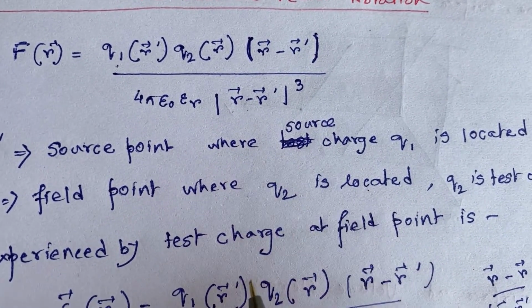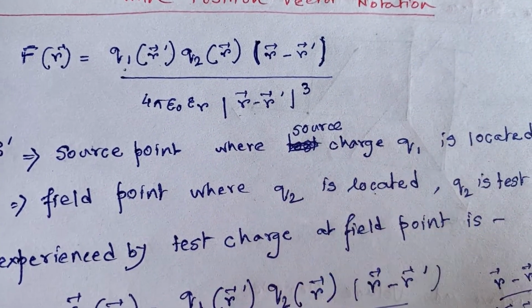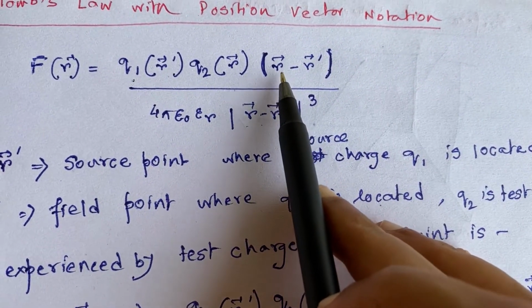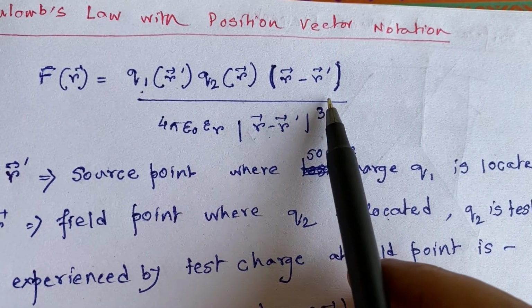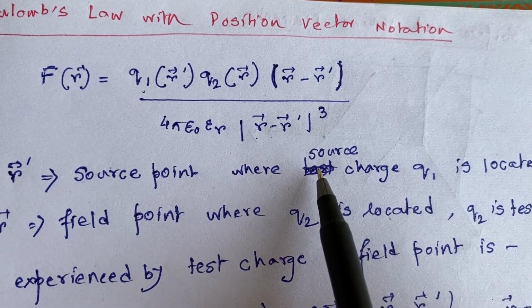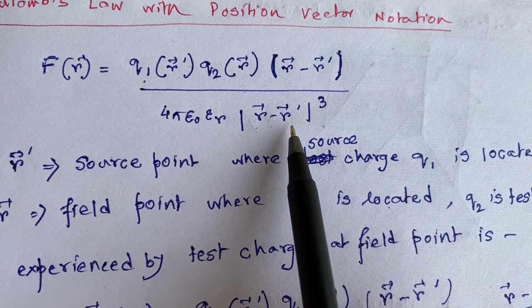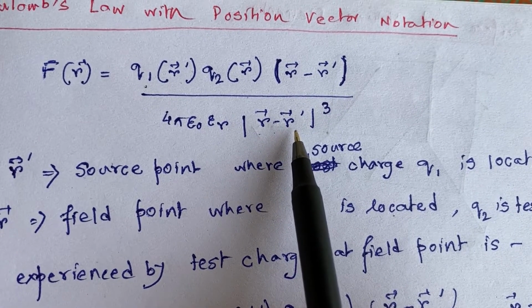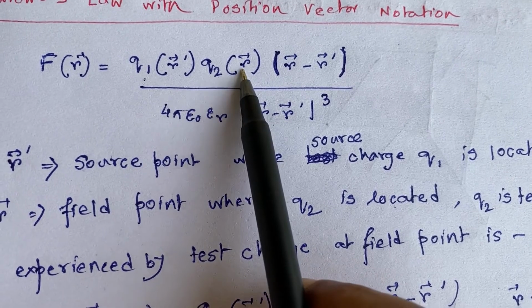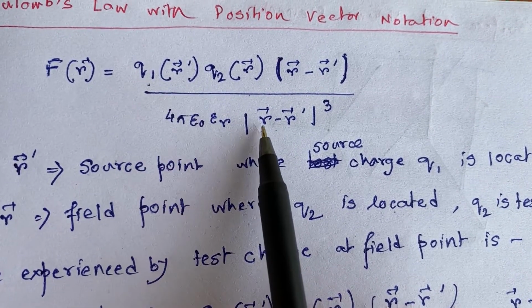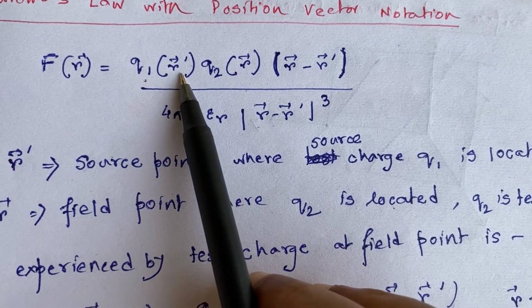Now the unit vector associated with this direction is the vector R minus R prime itself divided by the magnitude of R minus R prime. And as there is an R square, where R is the magnitude of the separation distance between them, and the magnitude of separation here is R minus R prime, in the denominator we must have R minus R prime squared.